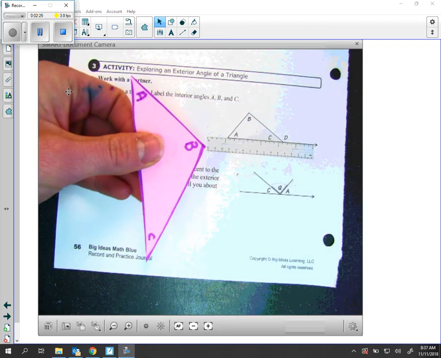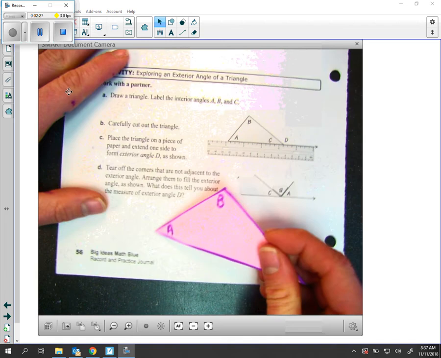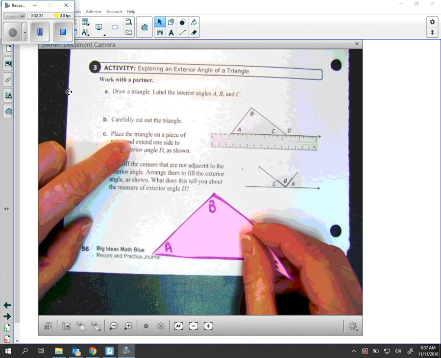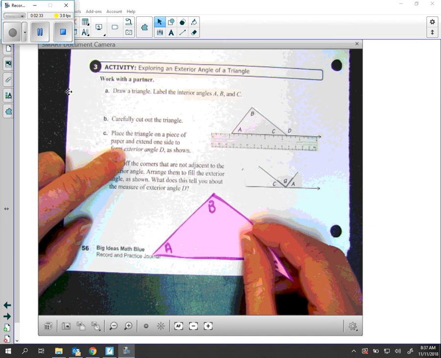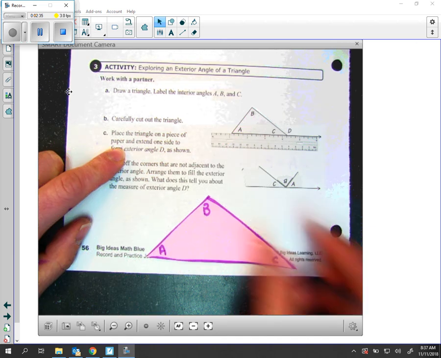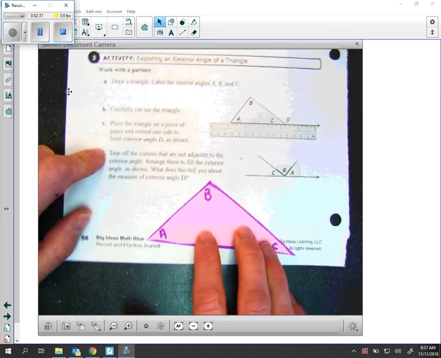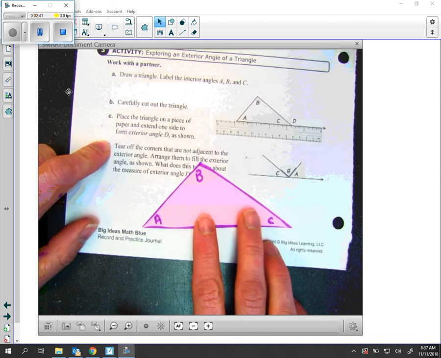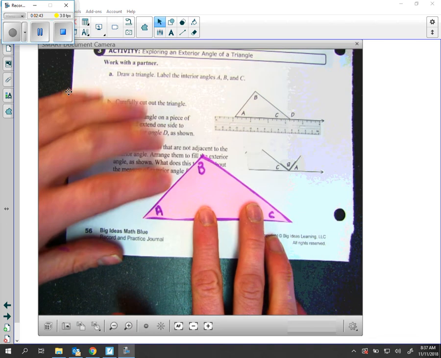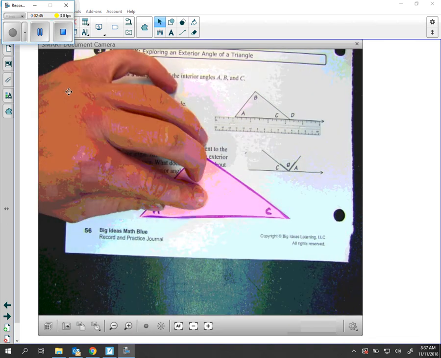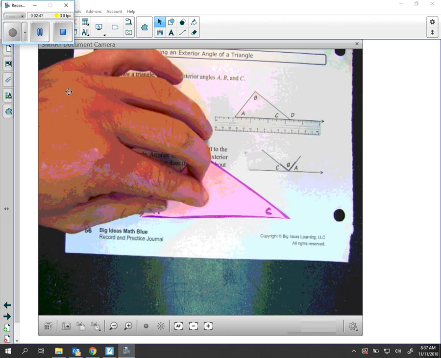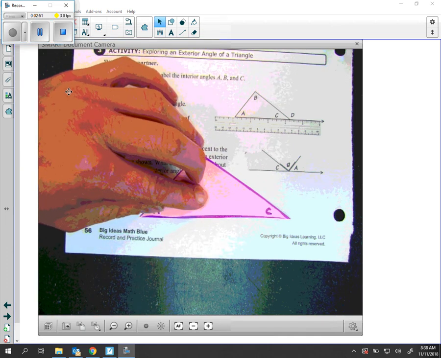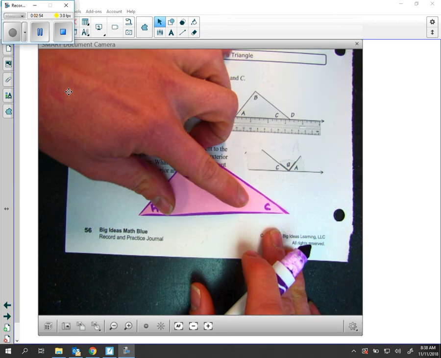All right, so now I have my triangle cut out. The next step says, place the triangle on a piece of paper, and this can be your INB, and extend one side to show the exterior angle D. So I'm going to do that right here on this paper. I'm going to take my marker, and I don't have a ruler right next to me, so I'm just going to do this as straight as I can.